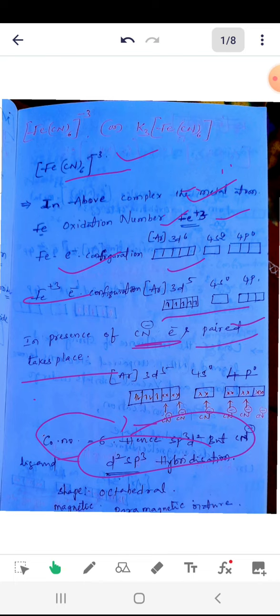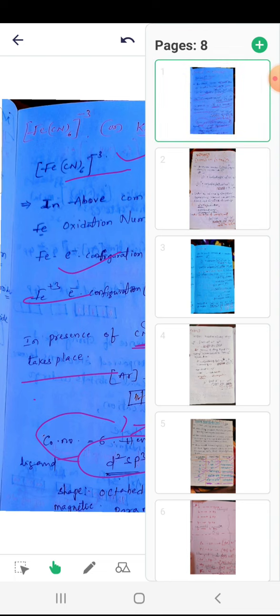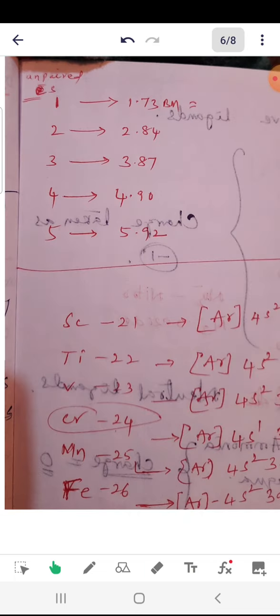Based on how many electrons, easily we can find out the magnetic moment. Just see here: unpaired electrons, 1 electron means 1.73, 2 means 2.84, 3 means 3.87, 4 means 4.90, 5 means 5.92.